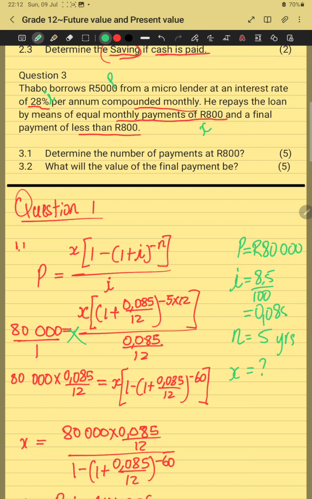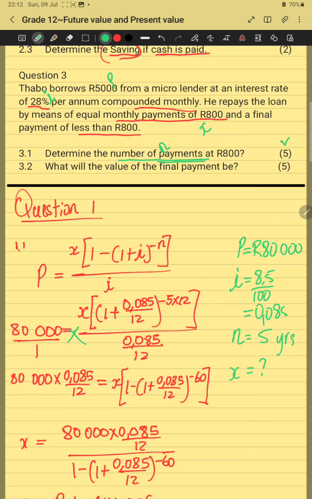The compounding period there is 12, which is monthly. Okay, but we don't know for how long. All right, and then now let's hear the first question. Determine the number of payments at 800. So we're looking for n here, for 5 marks.